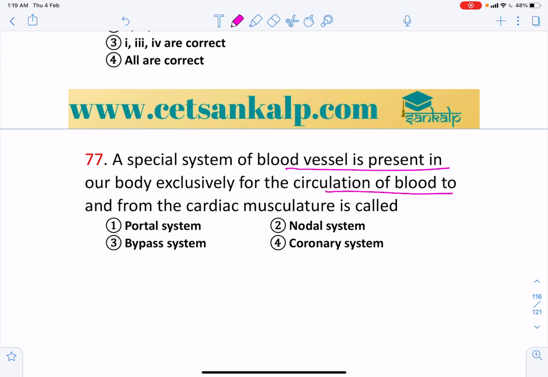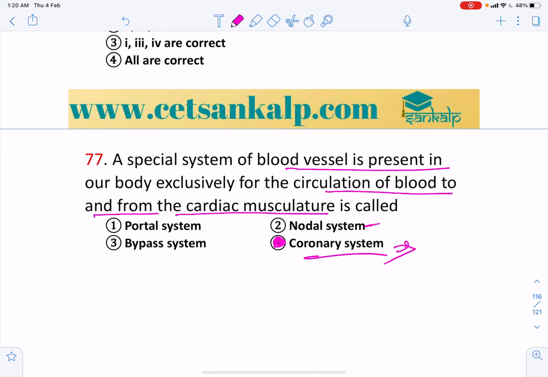Next, the special system of blood vessels present in our body exclusively for the circulation of blood to and from the cardiac muscle. We know that is the coronary system, coronary artery and coronary sinus. The artery carries blood to the heart muscle, whereas the coronary sinus carries deoxygenated blood to the right atrium.